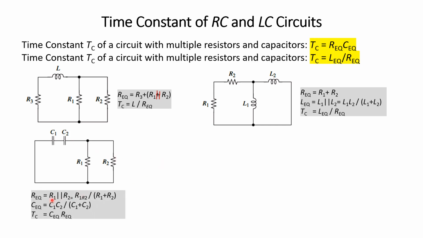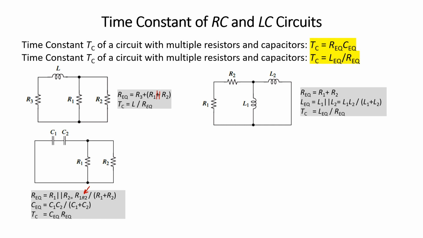Resistors are connected in parallel, and this is R1, R2, here is another typo. Be careful about this. This is shown in the subscript. Actually, I wanted to write R1 R2 divided by R1 plus R2.